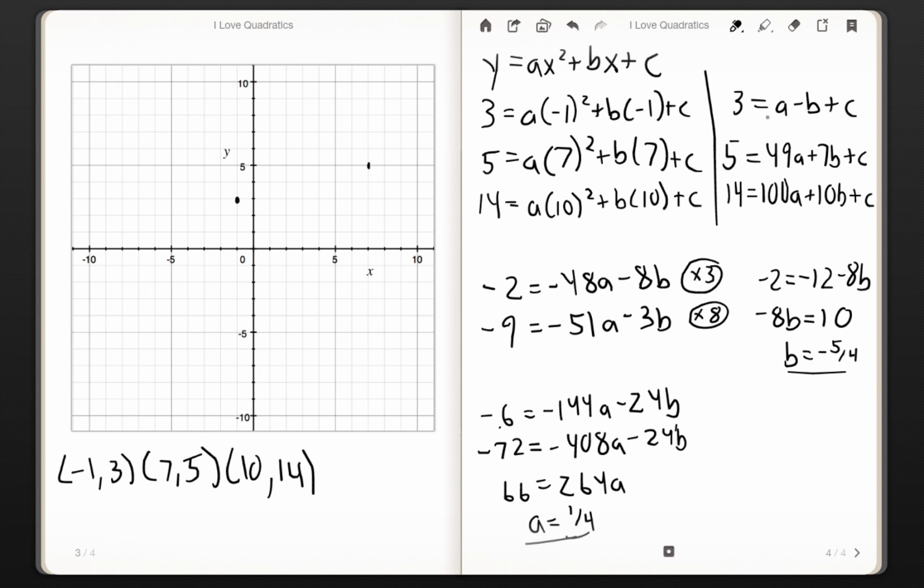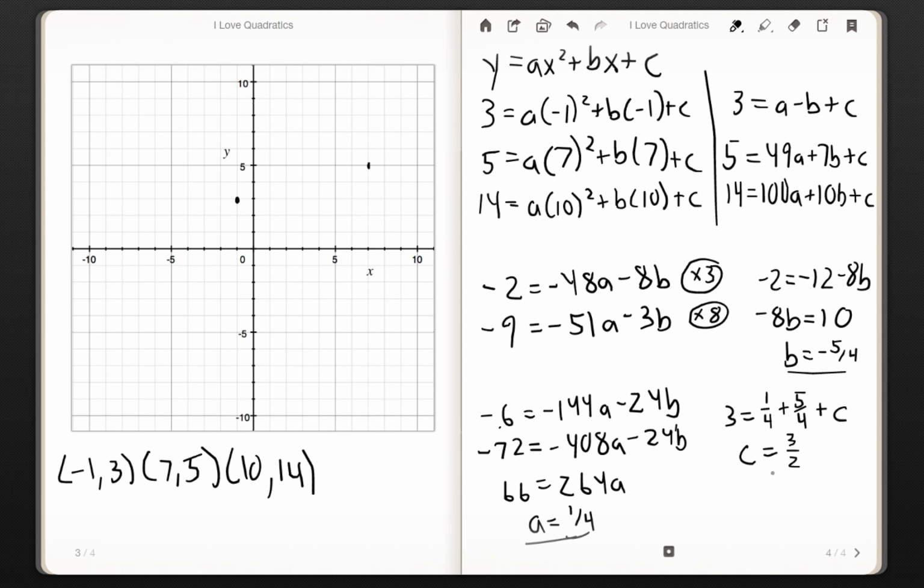And now to find c, we just got to find an equation with all three variables. Well, look at this one here. That's nice and easy. Very simple. 3 equals a of 1/4 minus b of negative 5/4. So plus 5/4 plus c. So c, this is 6/4. 3 minus 6/4 is 3 minus 3/2.